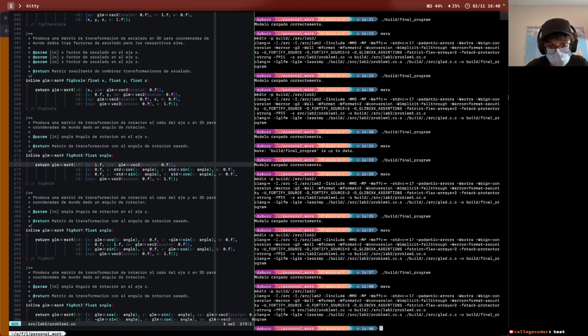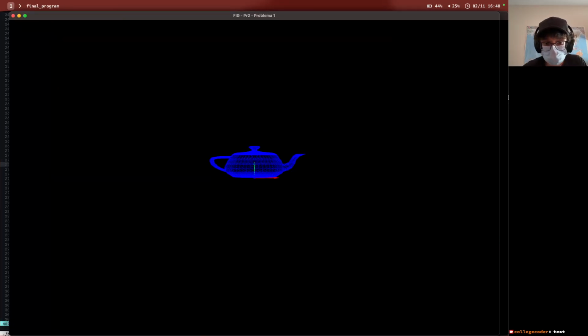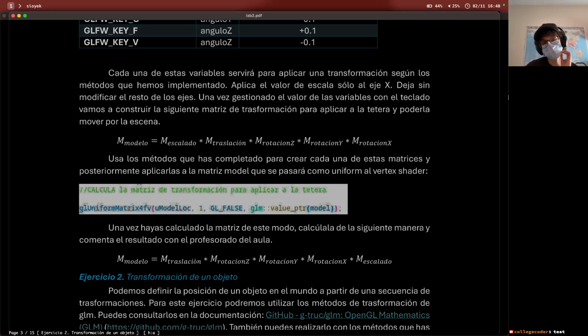Let's try it out. That's the STD ones. It's not doing it right. Not rotating right on the x-axis.